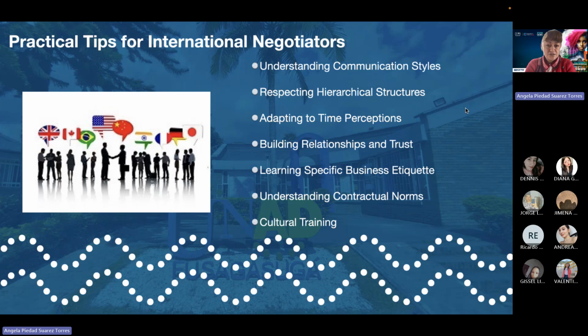So if we have the chance to get training on the knowledge of this culture, it is very important because this training is going to give us tips and elements that are going to be very well received in the process of negotiation and is going to help us get a win-win result of the negotiation.